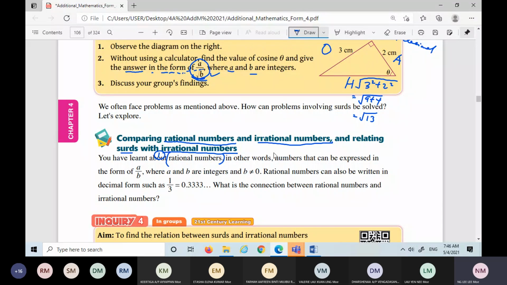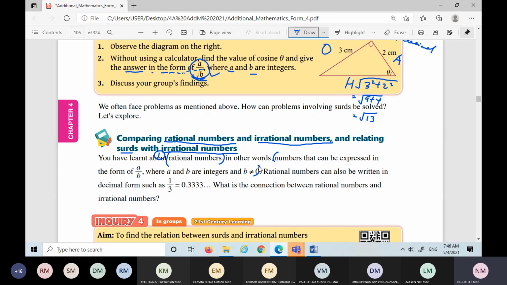You can write: a rational number is a number that can be expressed in the form of a over b, where a and b are integers and b cannot be 0, because b is the denominator, and as usual we don't let the denominator be 0.